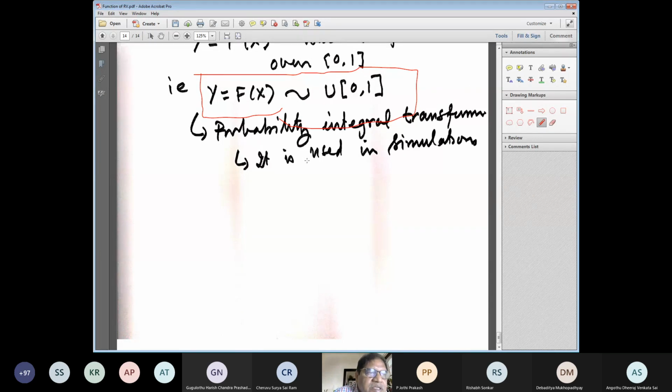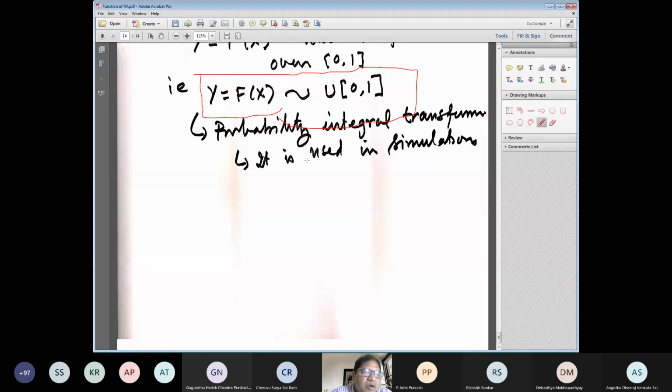Then we discussed the transformation, means how to find out the distribution of a transformed random variable if the distribution of the original random variable is given. So almost we are done with the univariate case. So now we shall move to the next topic, which is known as joint distribution.